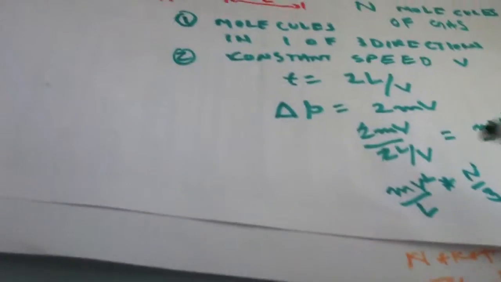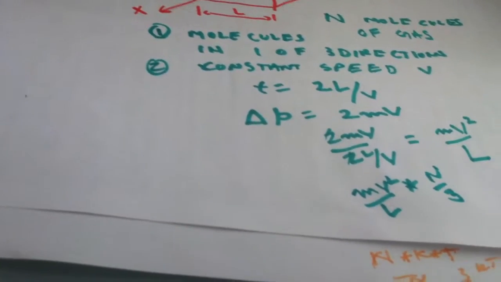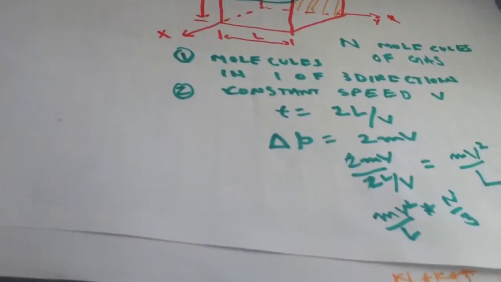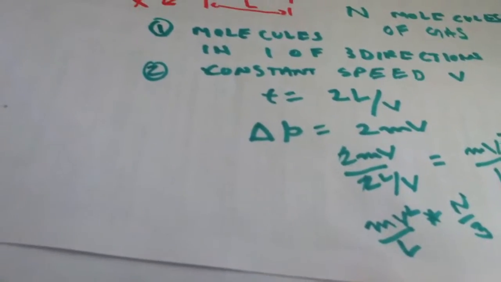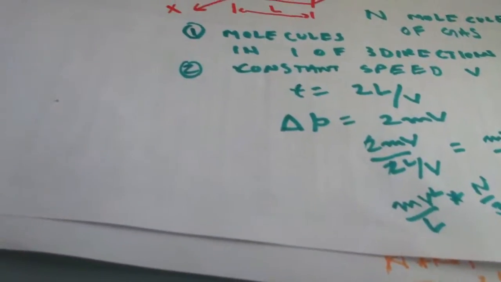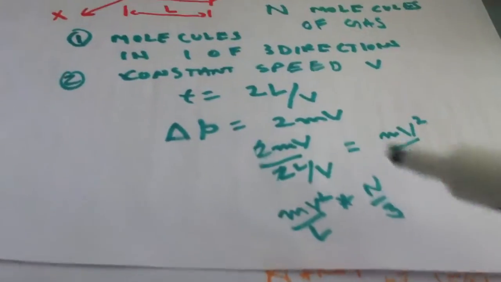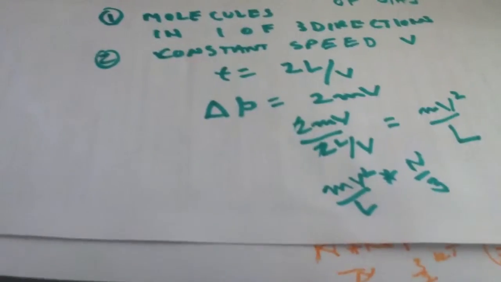Okay. So now this rate of change of momentum from Newton's law is the force that's acting on the face of the cube. And if we wanted to find out the pressure that's exerted on the face of the cube, all we have to do is divide this quantity by the area of that face, which is L squared.